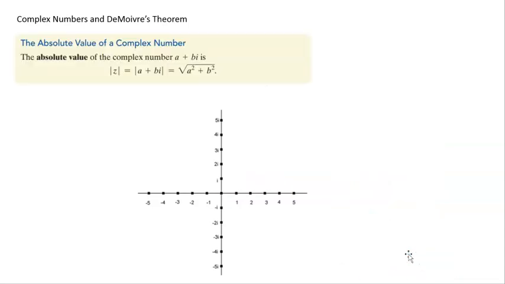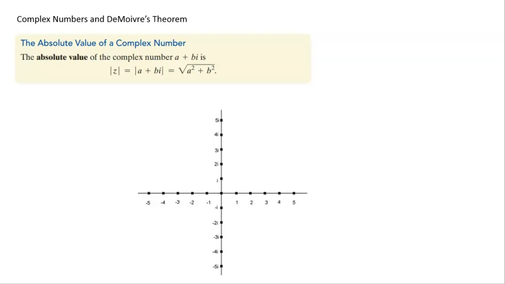Now, instead of doing the Pythagorean theorem every single time, let's just do a formula, right? So the absolute value of z, remember absolute value, vertical bars, is the same thing as saying the absolute value of a plus bi. By the way, z represents a complex number. So just go ahead and put that in your brain.